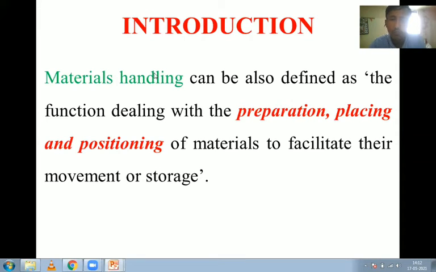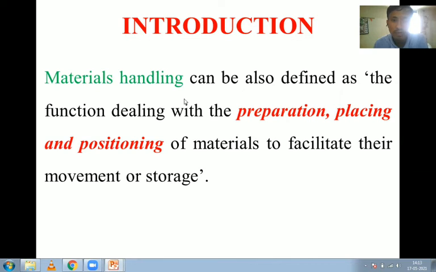Before that, I will give a little introduction to material handling systems. Afterwards we shall see the different types of material handling systems, and what points we need to consider while selecting a material handling system for a given application. We shall also see the objectives of material handling systems. These are the points I am going to cover in today's lecture.